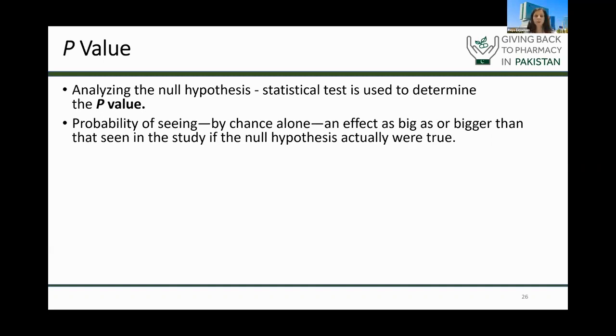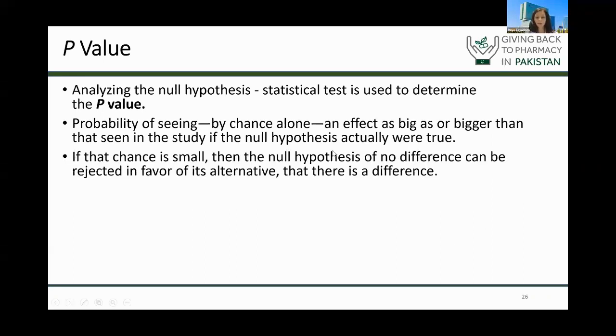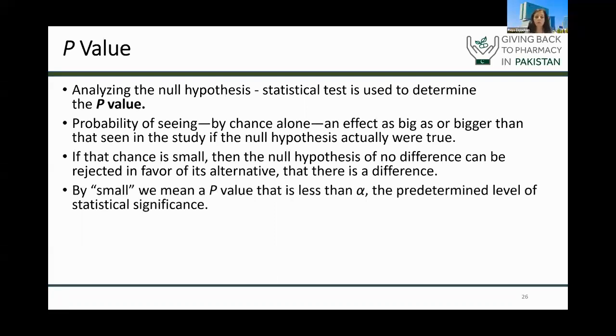If that chance is small, then the null hypothesis of no difference can be rejected in favor of its alternative, and there is a difference. By small, we mean a p-value that is less than alpha, the predetermined level of statistical significance.